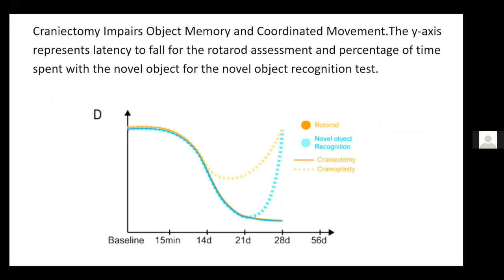Also, craniectomy impairs object memory and coordinated movement. When we do cranioplasty, we can improve brain function and novel object recognition.